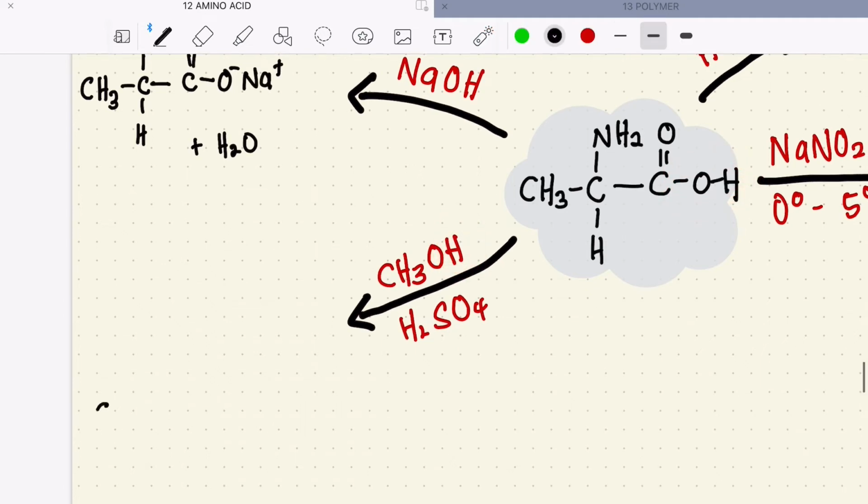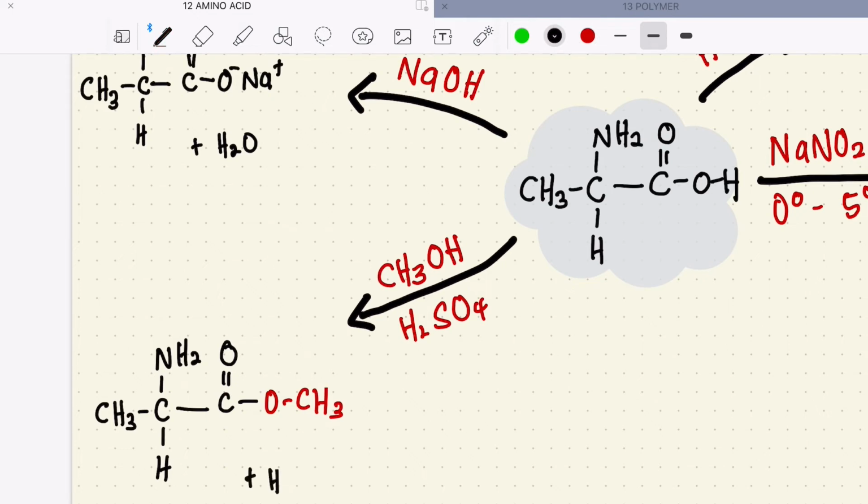So we are going to get CH3, CH, NH2, H, C double bond O, OCH3. It would react at the carboxyl group because there are no reactions between alcohol and the amino group. So this is what we get. This is the ester, plus H2O.